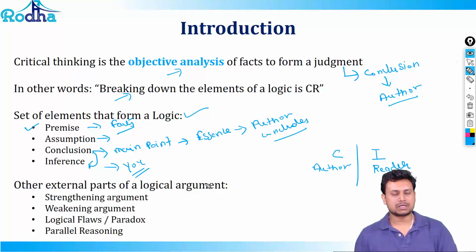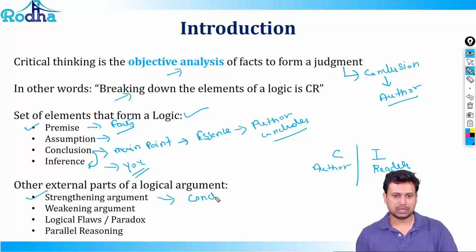So that's the first understanding. There are other external parts of a logical argument as well. All these four parts that we had seen are basically the set of elements that form a logic. Now, beyond that, you can also extend the argument by using something called a strengthening argument. Strengthening argument, as the word suggests, strengthens the conclusion.